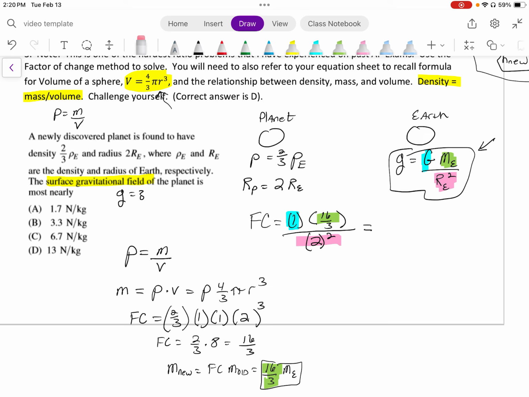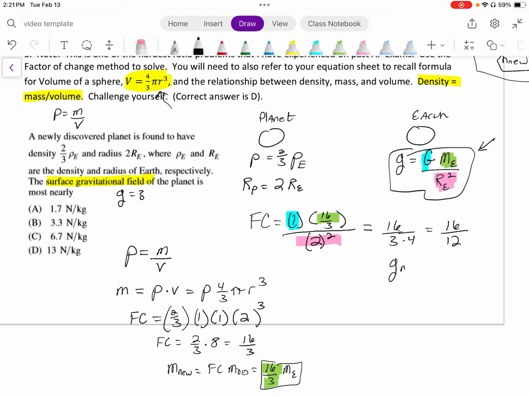Don't forget to pay attention. See, the radius was squared in the original equation. You have to square the factor. So 16/3, and then I have a 4 on the bottom as well. That becomes 16/12. Now again, what am I finding the change of? The little g.